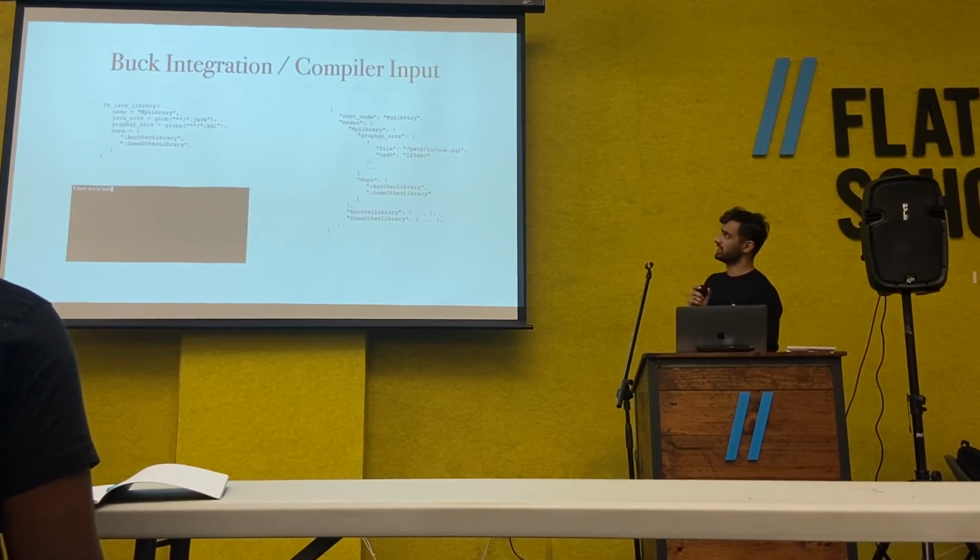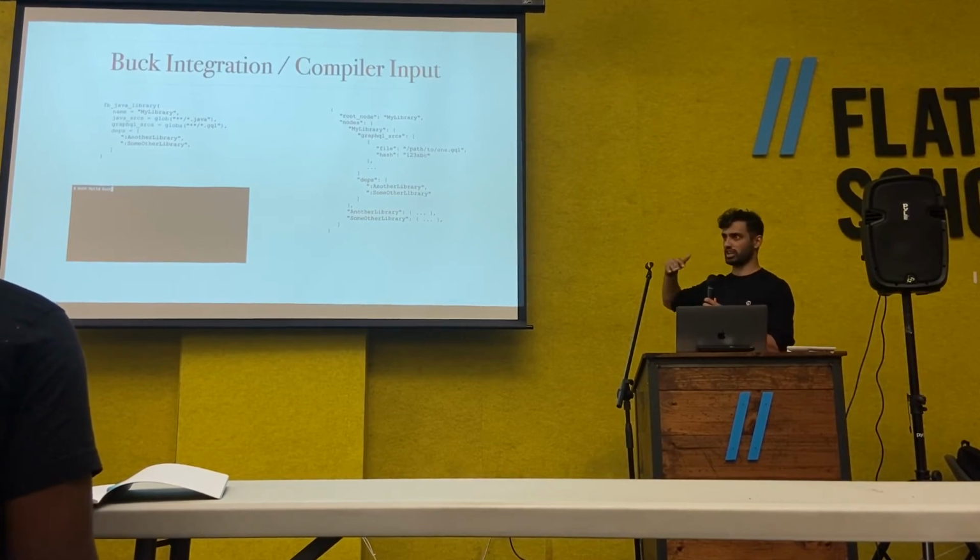A quick addition on Buck. One of the big things that influenced our architecture is that the compiler binary I was talking about is single threaded. There's just one single thread that generates the sources for one specific library. The reason we chose to do that is because we rely on Buck to parallelize everything. Buck has the entire view of the build graph, and every Java library for an Android app says, these are the GraphQL sources, we need these models generated.